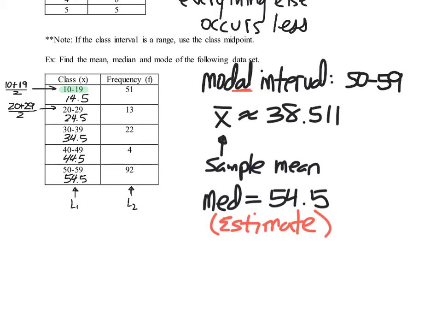All right, each one of them. But like I said before, if it's evenly distributed from the 50 to 59, that may not be the case.